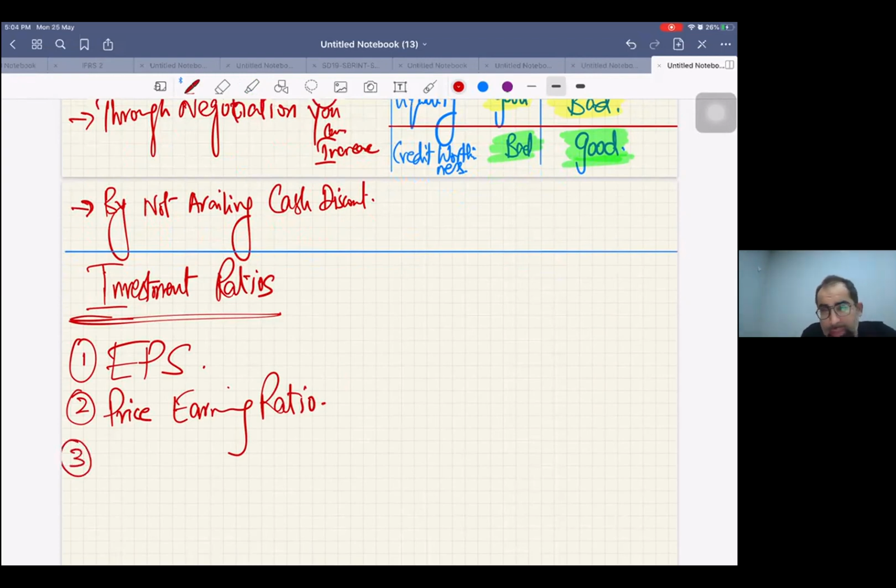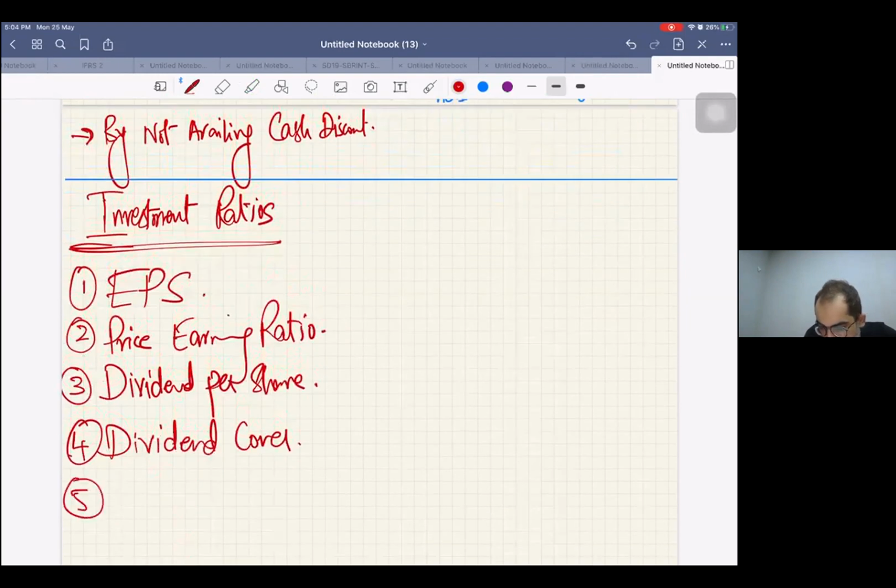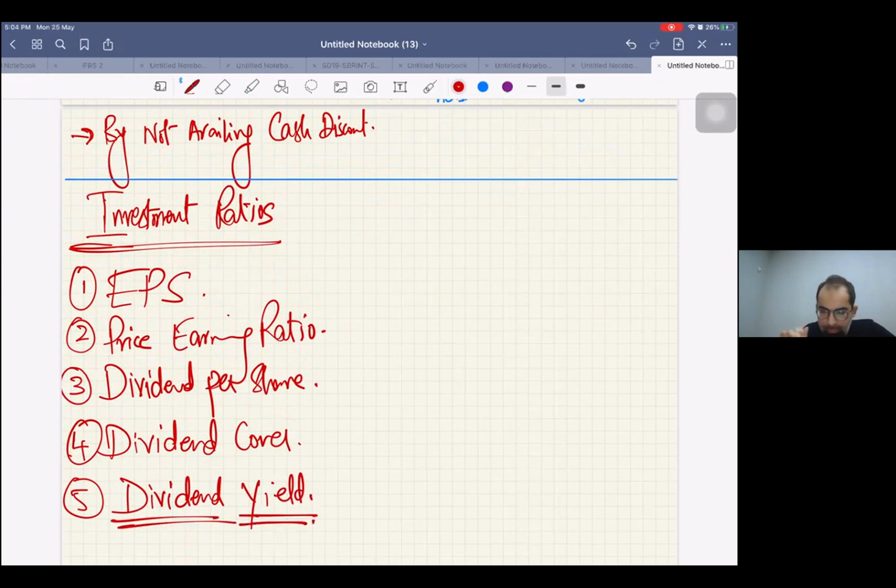Number three is dividend per share. Number four is dividend cover. Number five is dividend yield. Okay.